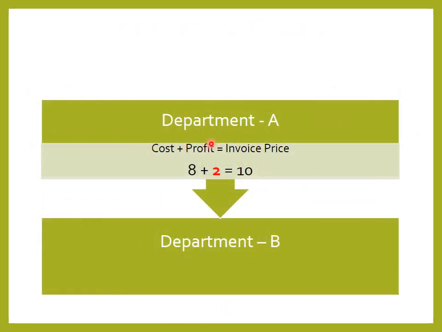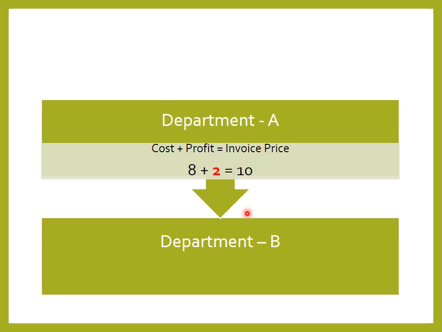See, Department A transfers goods to Department B. So Department B is the receiving department and Department A is the giving department. A transfers to B. The cost of the product is 8 rupees with profit 2 rupees. Then invoice price is 10 rupees. 10 rupees is called loaded price because profit is loaded. Profit is added.